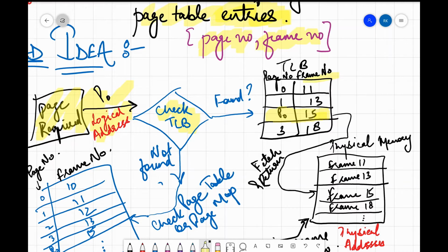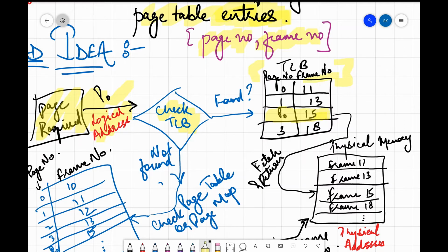So how are these entries present over here? See, as the requests are made, it keeps on storing the requests over here. As processes make requests, they use these pages. So this mapping is basically stored by TLB in this cache kind of thing. And now TLB is of very limited size, okay? Like cache is of limited size.